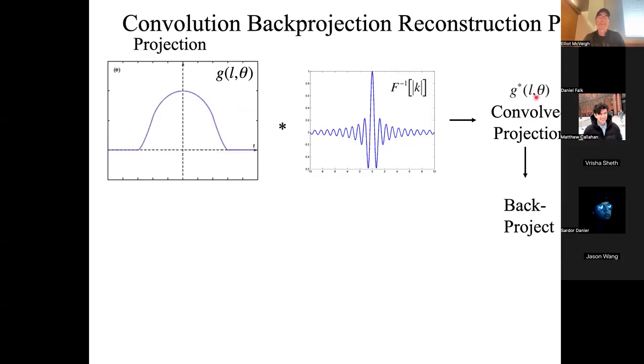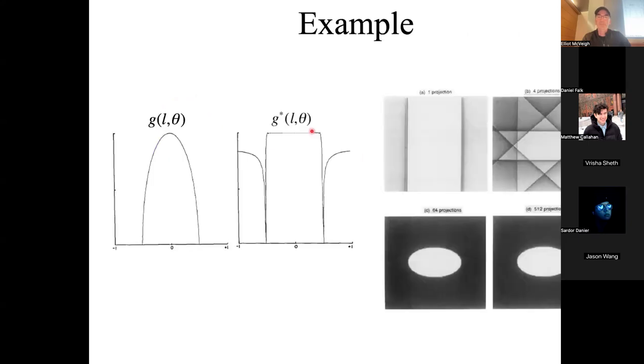It's right here. That equals G star L theta, and I just back project it. So that's two equivalent ways to get to the same place, right? I can do it in the spatial domain with a convolution. Historically, because of the cost of computing and calculating Fourier transforms, this was the way it's done, right? But now it's done both ways.